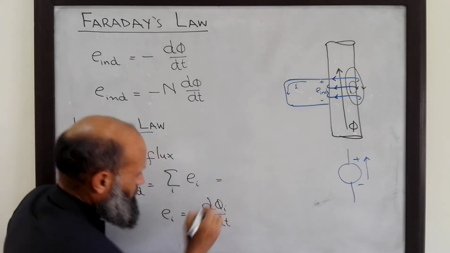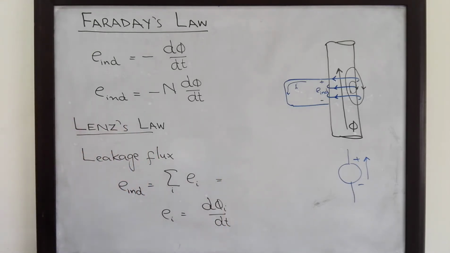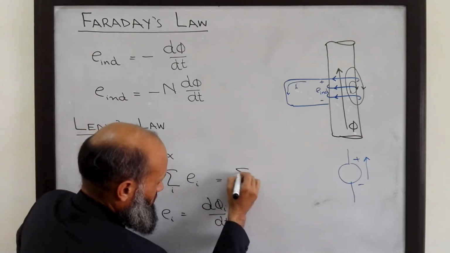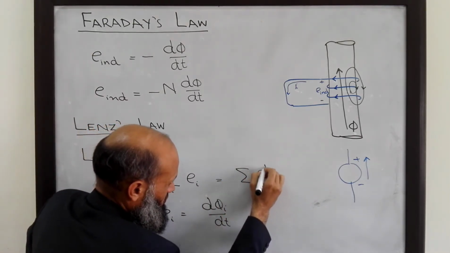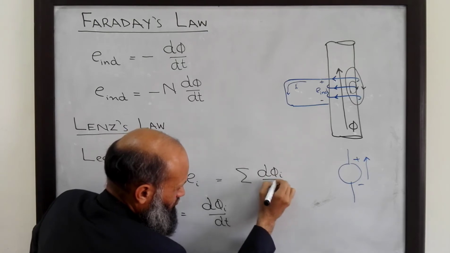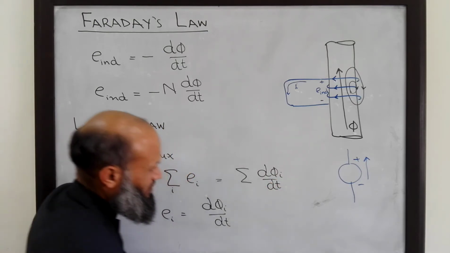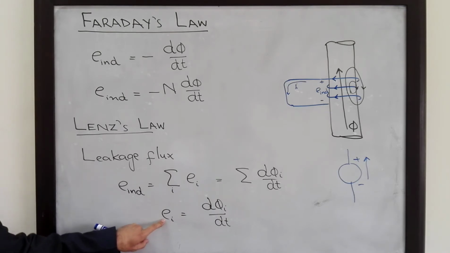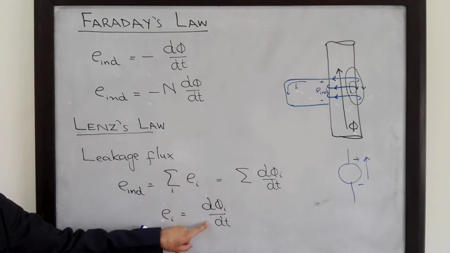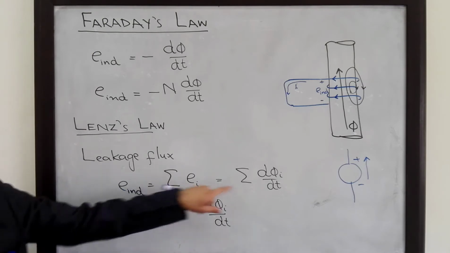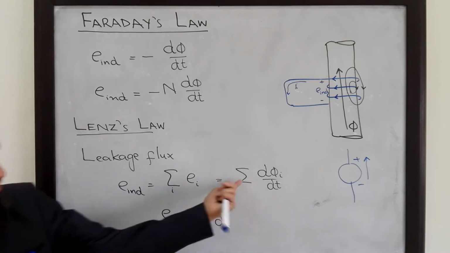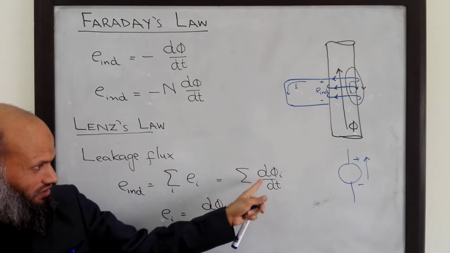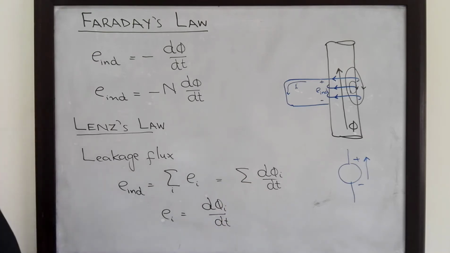Therefore, the e induced in the ith turn of wire is d phi_i by dt. So this e_i is replaced over here. We know that summation and differentiation can be interchangeably written.